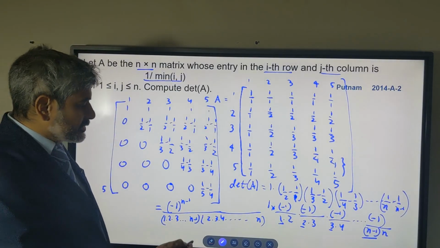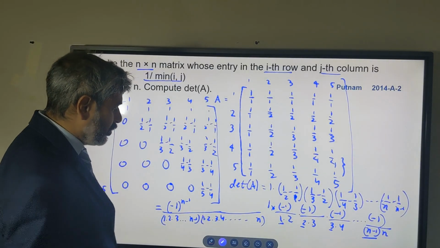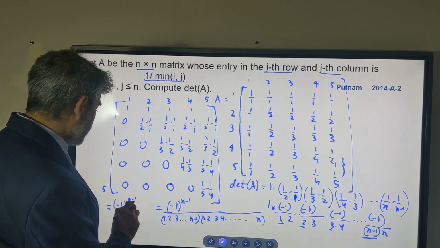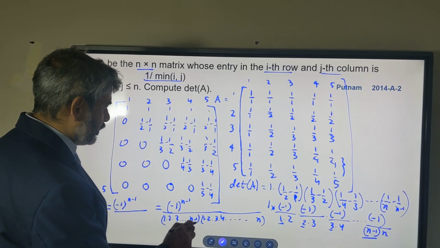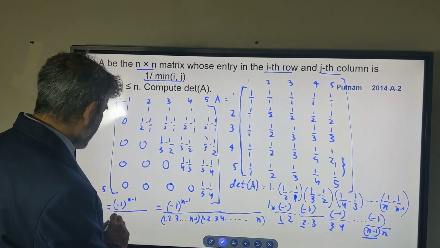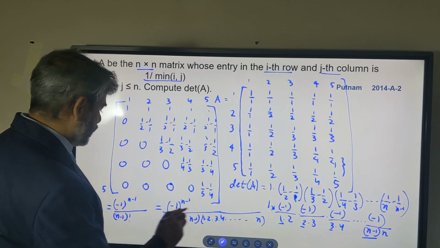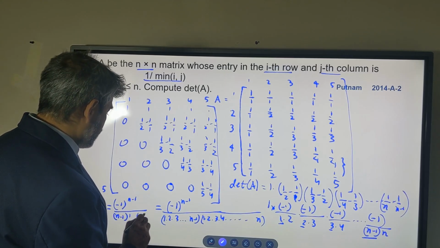And I can just add 1 from my own to make it simpler. So this becomes minus 1 to the power of n minus 1. If you notice it carefully, this is nothing but factorial n minus 1, and this one is factorial n.